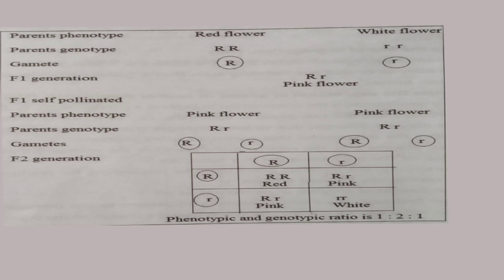But remember, the reappearance of pure parental characters in the F2 generation shows that there is no mixing of genes. In the hybrid, both the characters are blended, but there is no mixing of genes. Here, the gene for red color is not completely dominant over the gene for white color.